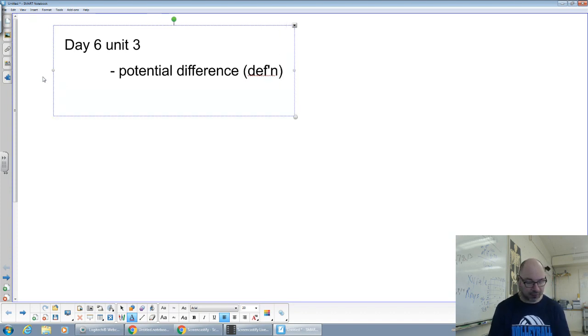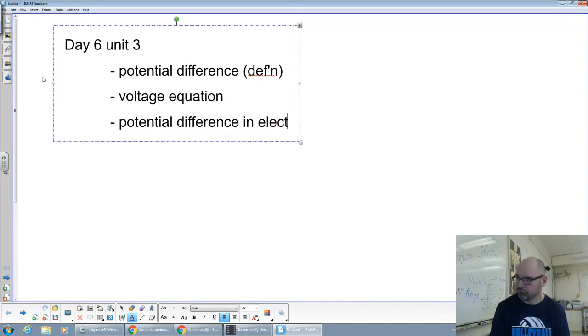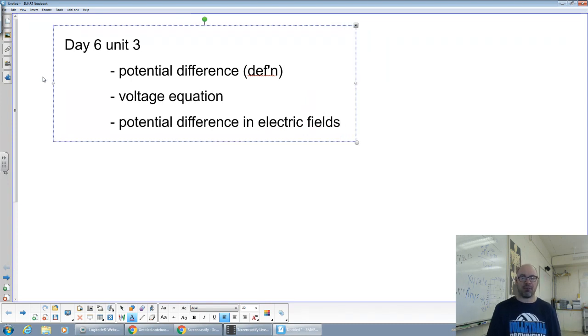And then we're going to look at what the equation for potential difference is, which is sometimes called voltage. And then we're going to look at potential differences in electric fields. And that's probably what we're going to do a couple examples of those. There's a couple equations in there.